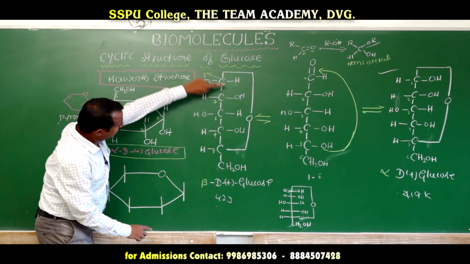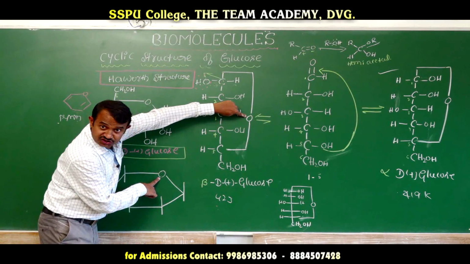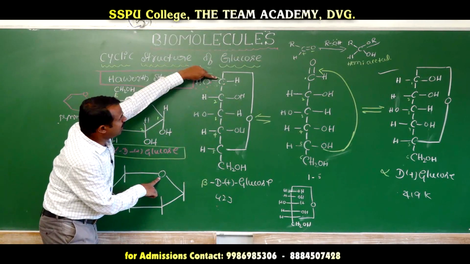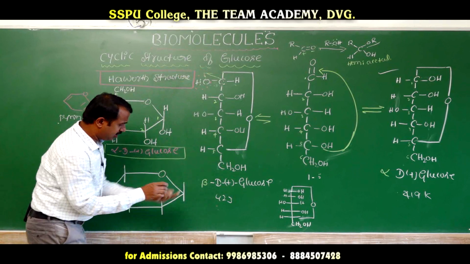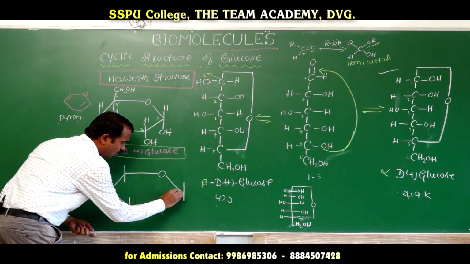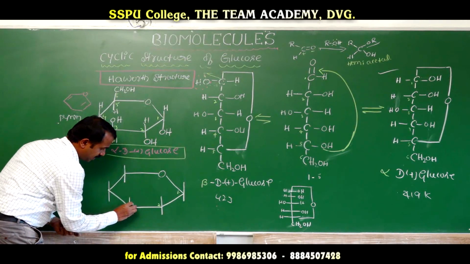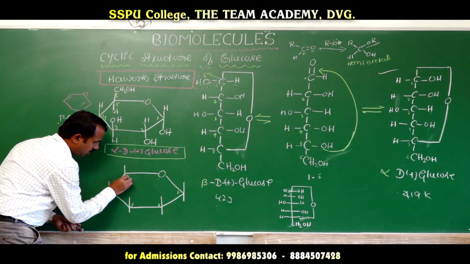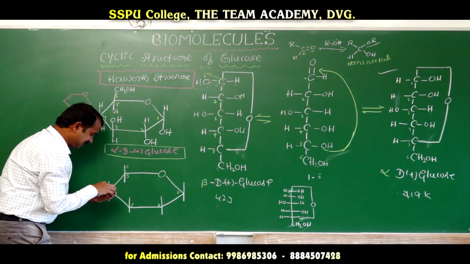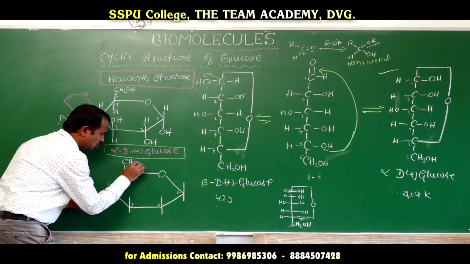Listen carefully. This is the oxygen atom. Coming to C1 carbon, we give the numbering 1, 2, 3, 4, 5. The last, C6, is CH2OH.